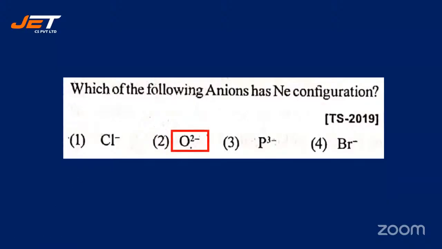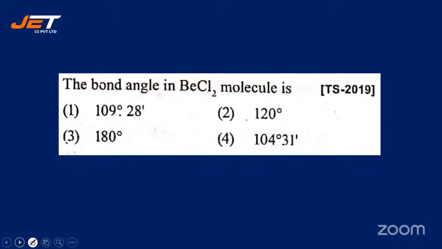Oxygen is the anion which is having neon configuration. So what is the oxygen's atomic number? 8, right? So if you are removing 2 electrons from that, it will get the neon gas configuration, that is 6. So that is why they are mentioning it as oxygen anion.